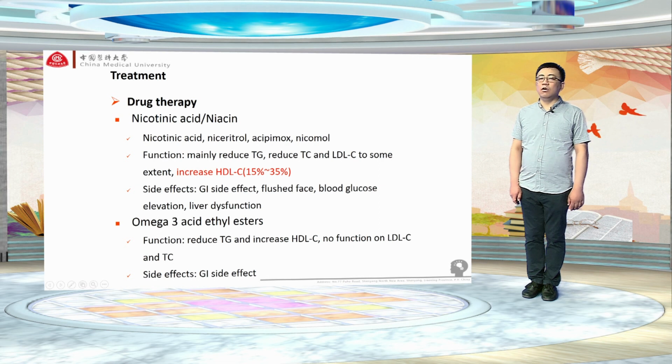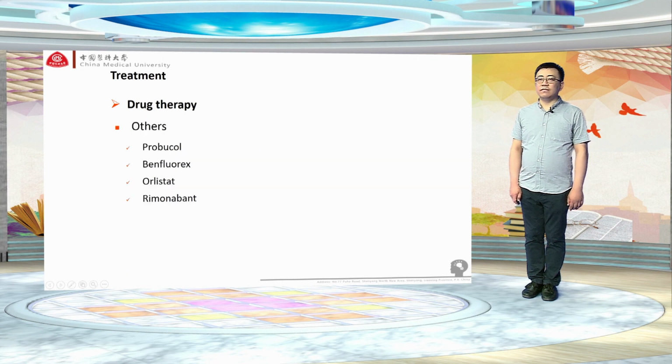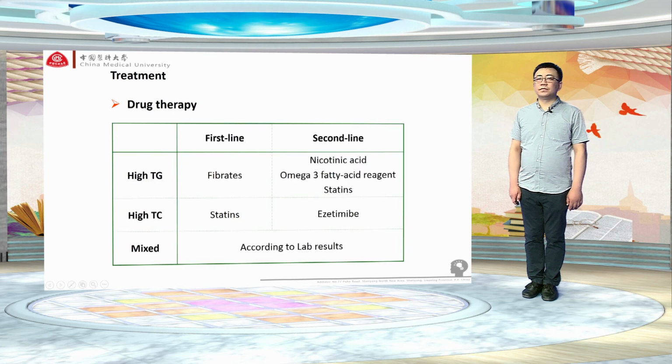And omega-3 acid esters. Its function is to reduce triglyceride and increase high-density lipoprotein cholesterol. It has no function on low-density lipoprotein cholesterol and total cholesterol. The side effect of omega-3 acid is gastrointestinal side effect. We also have other drugs such as Arestat, Probucol, etc.